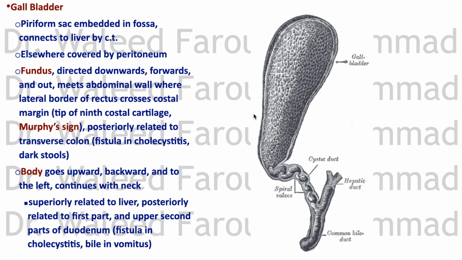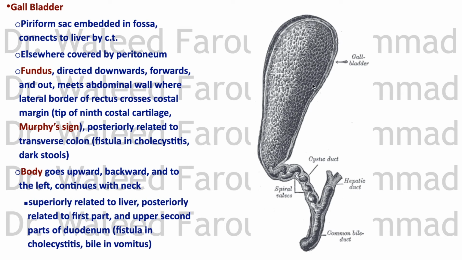This means that if something is wrong in the wall of the gallbladder, adhesions will be formed and the erosion of the gallbladder will occur. If the erosion occurred at the fundus, it will involve the wall of the colon as well. So the patient will get bile in stools, that's dark stools.